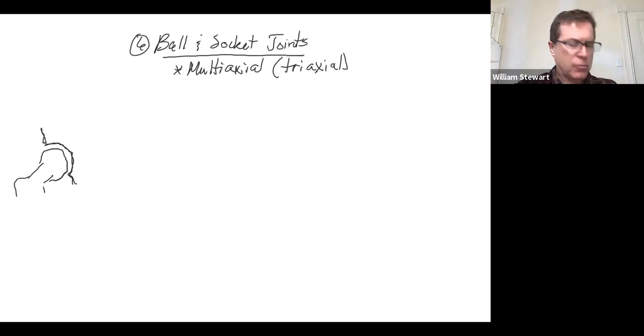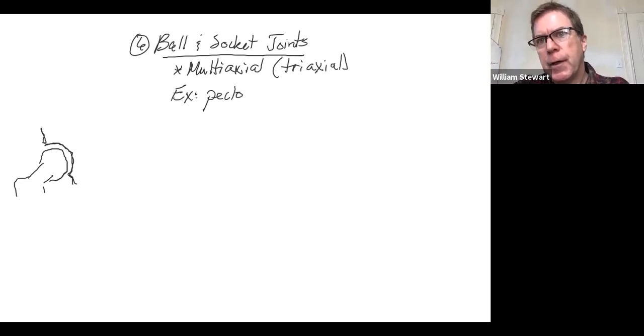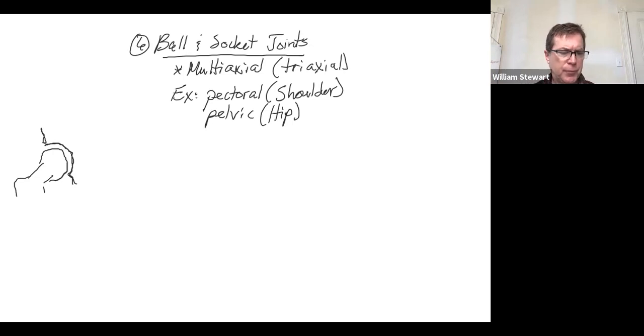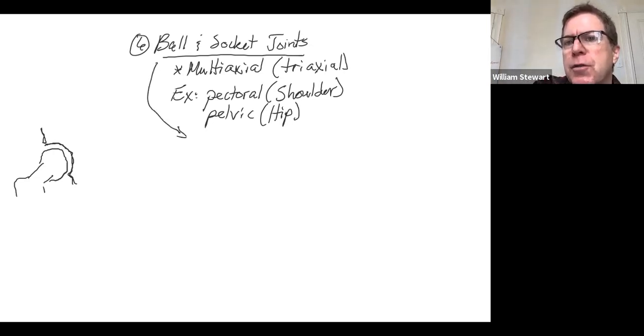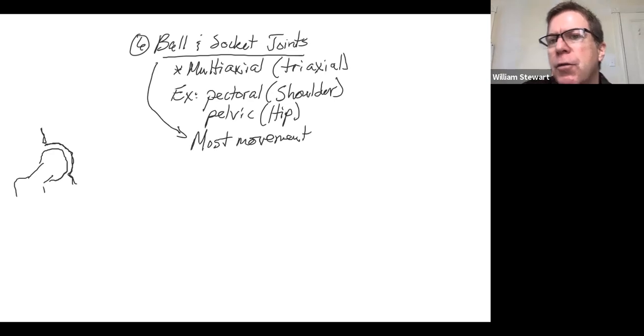They're multi-axial, triaxial. Classic examples are the pectoral girdle. So pectoral, I'm just going to write the shoulder joint, and pelvic hip joint. These joints, ball and socket joints, produce the most movement in the body of all joints.